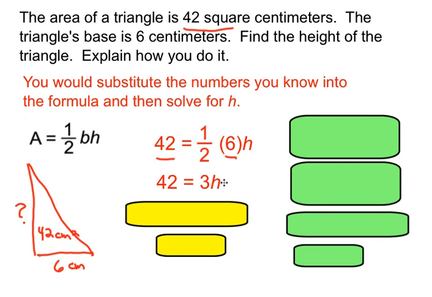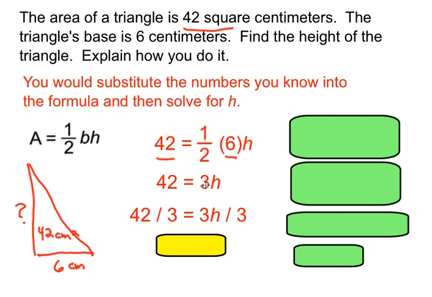But we still want to get this h by itself. So this is a multiplication operation. So in order to isolate the variable, we're going to undo what we've done using division. Okay? So we're going to use the inverse operation of multiplication, which is division. And we're going to have to divide both sides by 3 because we're multiplying by 3 over here.